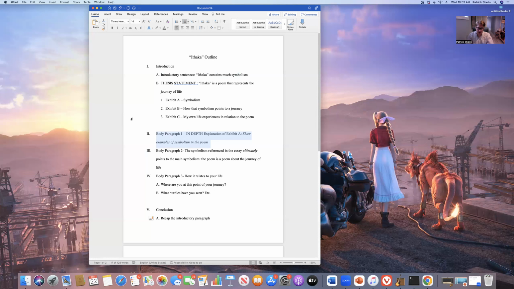Since we're talking in this body paragraph about the poem Ithaca and the symbolism inside that poem, we want to bring out examples of symbolism in the poem.